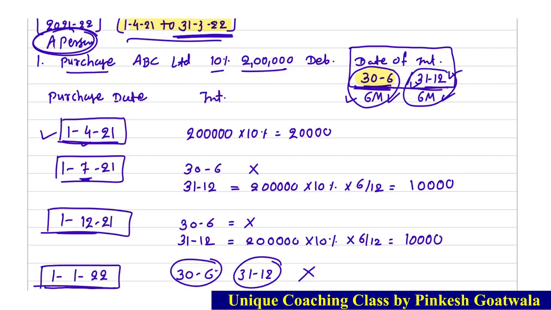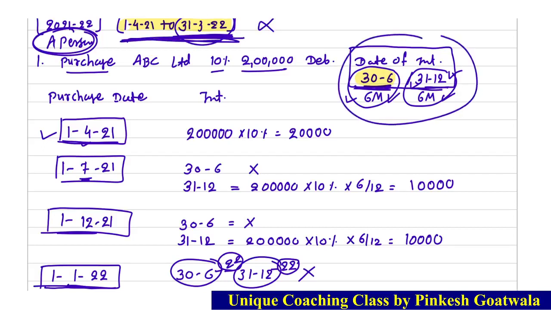If we purchase the security in January, we get interest in June, but which June? 22. And December, which December? 22 December, but our year has closed on 31st March, right? So we will get this interest, but next year. If you are talking about this year, we get no interest, because the interest date has already passed, right? June and December, and we purchased in January.